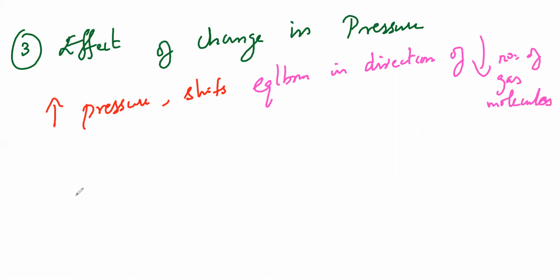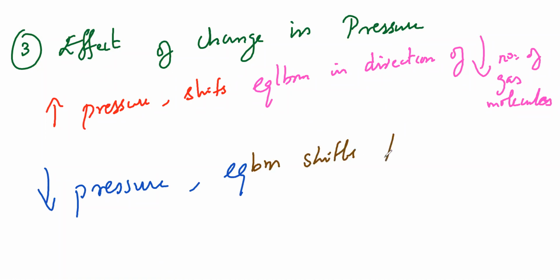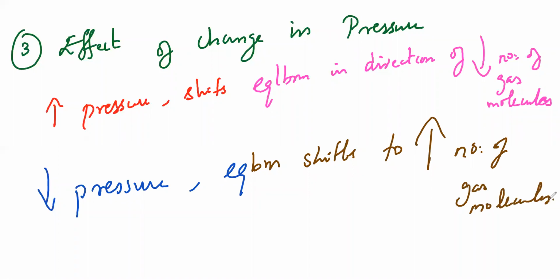If I decrease the pressure, it shifts the equilibrium in the direction of larger or greater number of gas molecules. Again, I'm using this symbol so that we will remember it for a long time. That's it.